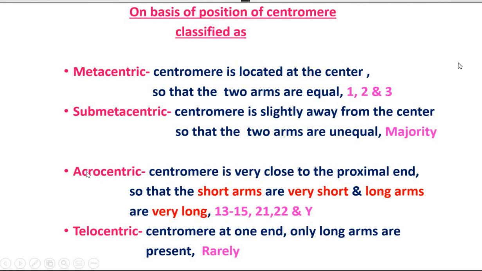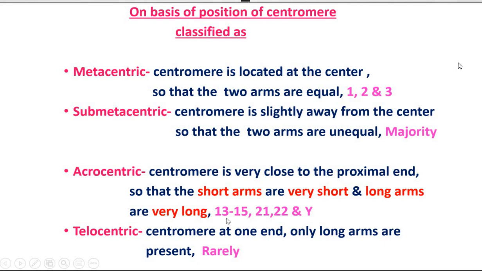Whereas we have acrocentric, where the centromere moves closer to the proximal end such that it has a very short arm and a very long arm.